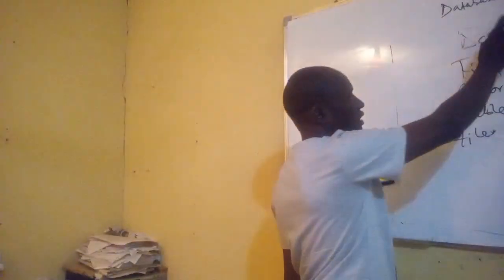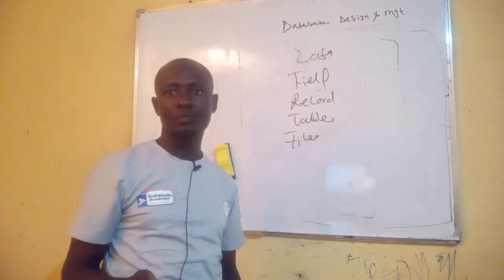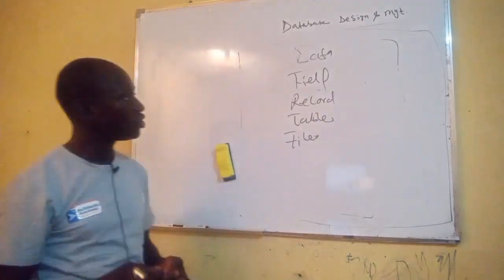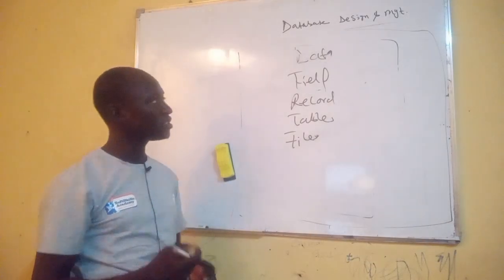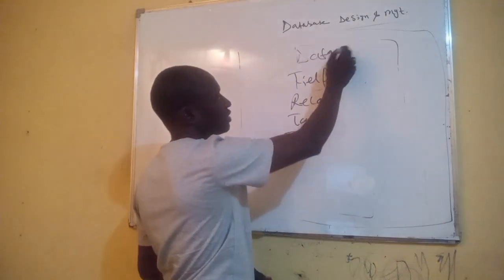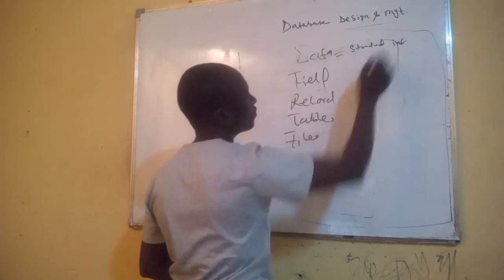We are going to look at this from this angle. When we talk about data, we are talking about the raw facts, such as student name, age, date of birth, and the rest. In general, student info.